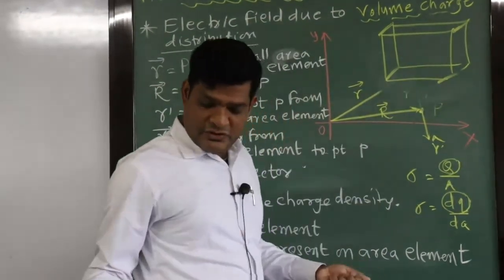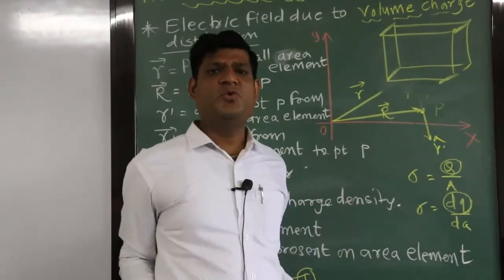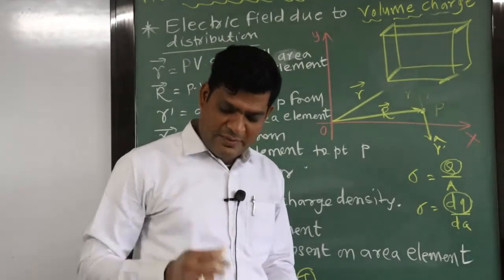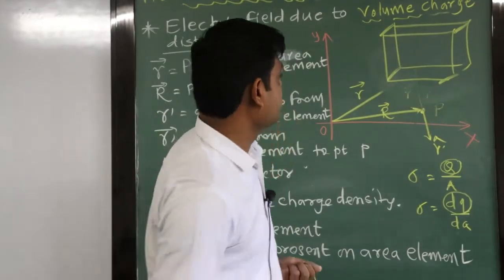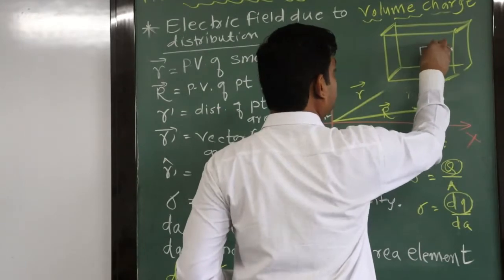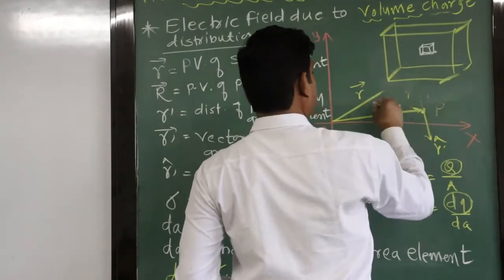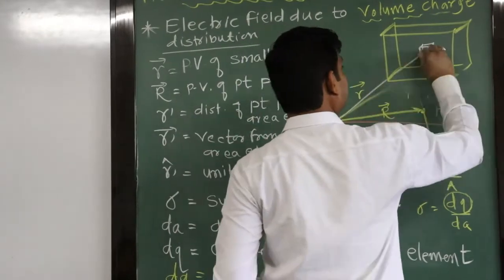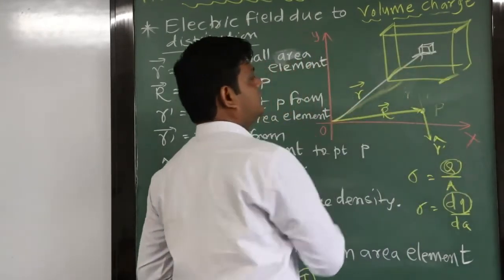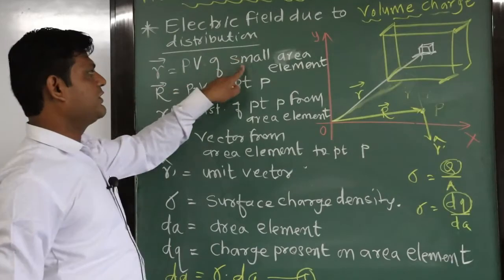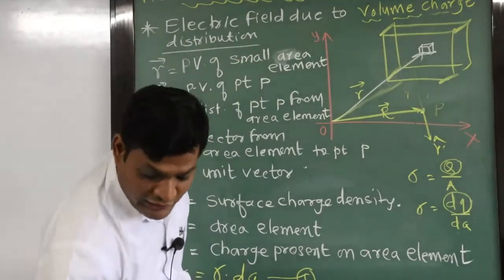So consider this cube is divided into small cubes, right? So consider one of the small cubes. This cube is at r vector is the position. See, r vector is the position vector of small volume element.